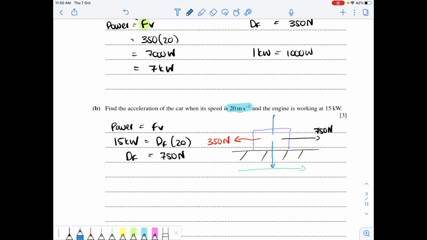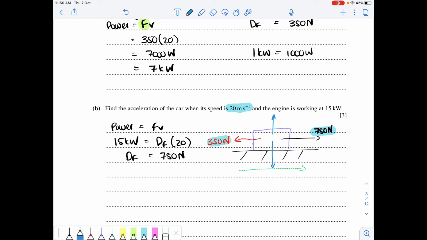Again, this is a straight horizontal road, so the weight and the contact force don't make a difference in our equations. The forces acting in the direction of motion are greater than the forces acting against, and therefore the forces are not in equilibrium, and there must be acceleration.